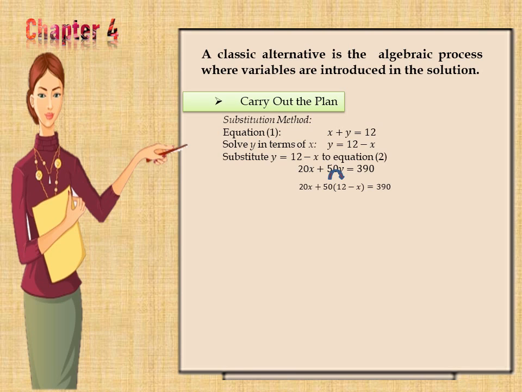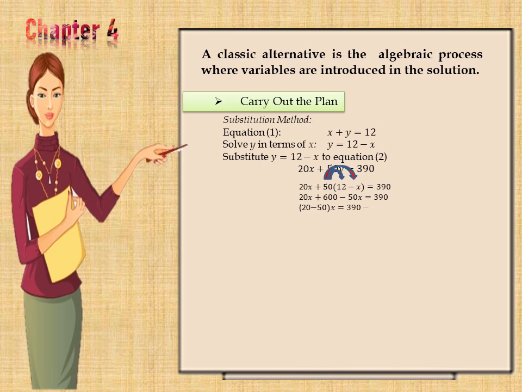We're going to distribute 50 to 12 and to negative x. So we copy 20x plus 50 times 12, which is 600, and 50 times negative x is negative 50x. We copy 390.